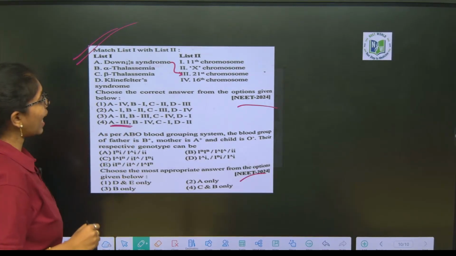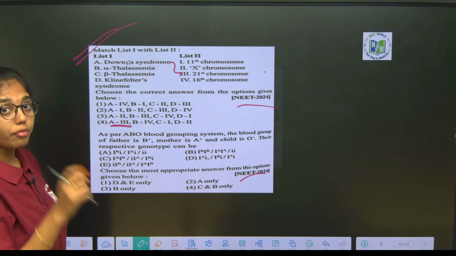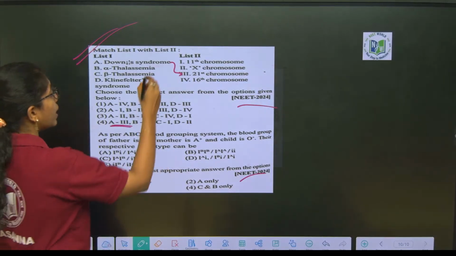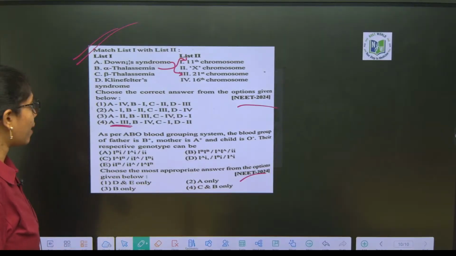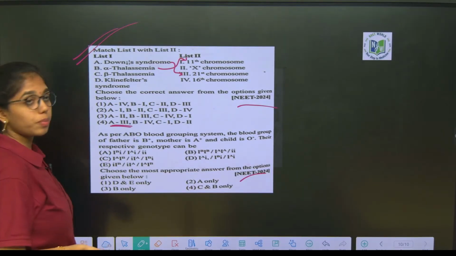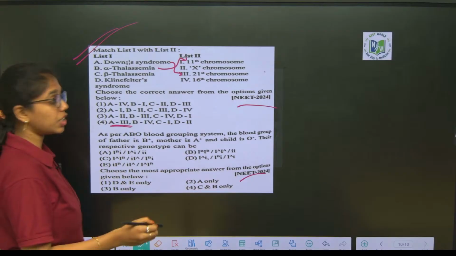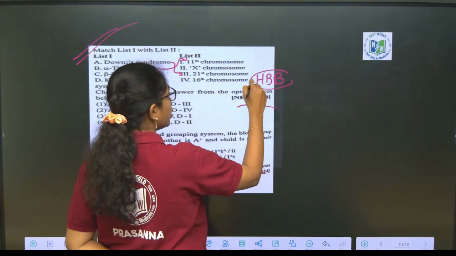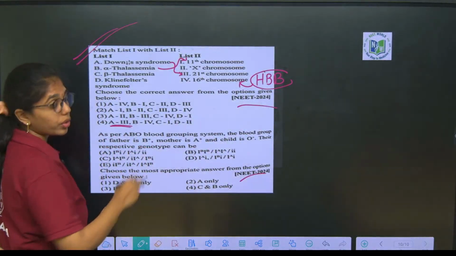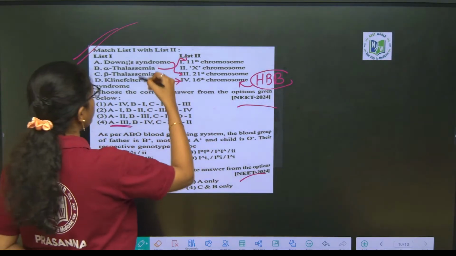Alpha thalassemia is because of deletion in chromosome 11. Beta thalassemia is because of mutation in the HBB gene, which is present in the 16th chromosome. So, this will be option 4.